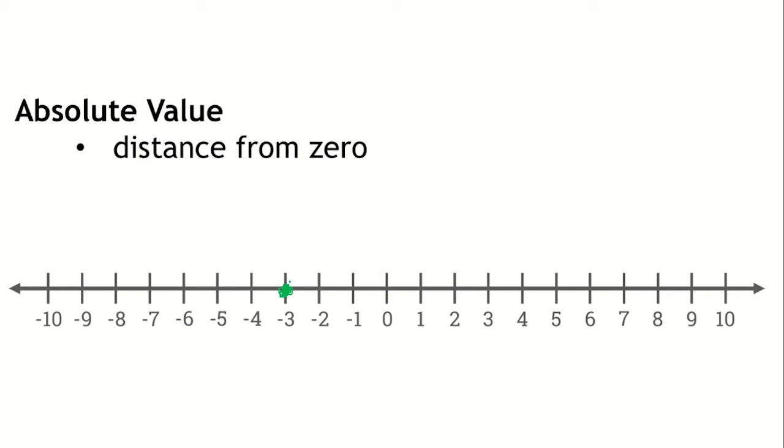That would be 1, 2, 3. So that would be 3 units. Therefore, the distance of negative 3 from 0 is 3. We can also state that as the absolute value of negative 3 is 3.